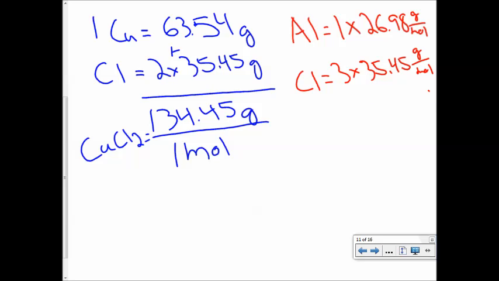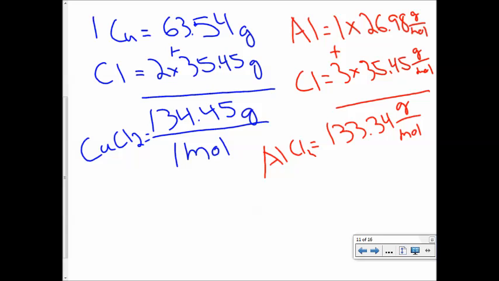When we add all of that together, we get a mass of 133.34 grams per mole. And that is equal to our AlCl3.